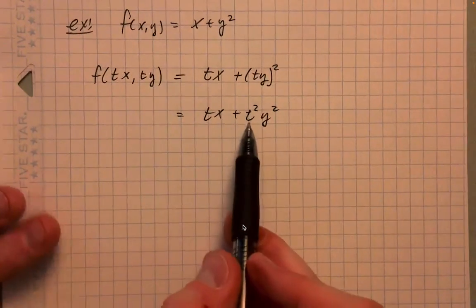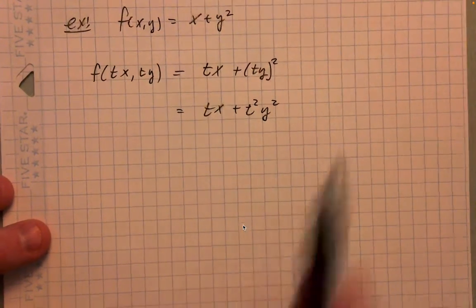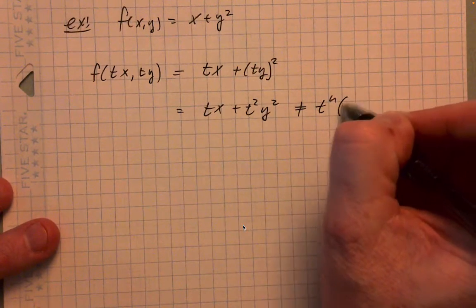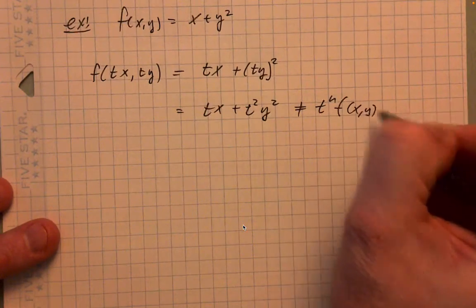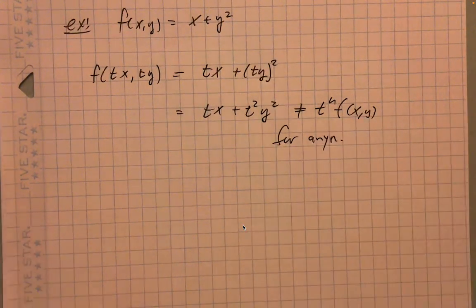Now, I can't get a t out of both of these. It just doesn't work. So this is not equal to t to the n times f of xy for any n. So that's the situation.